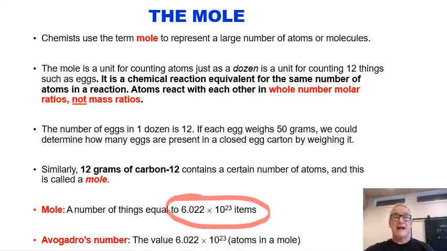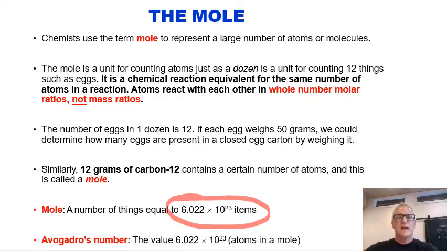And the mass of reactants and products is determined by the number of moles. A mole, as I've mentioned before, is just a unit. It's a chemical unit, a chemical reaction equivalent. So 1 mole of one type of atom reacts with 2 moles of another type of atom and creates 1 mole of a molecule. That is something that we can see and determine. So the mole determines how reactions take place, and the grams determine how we can measure those.